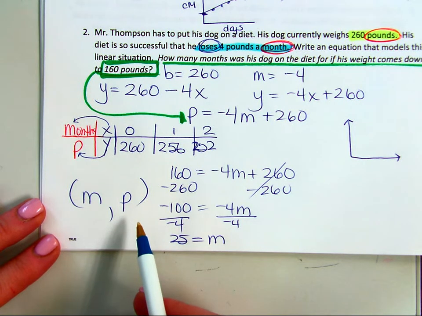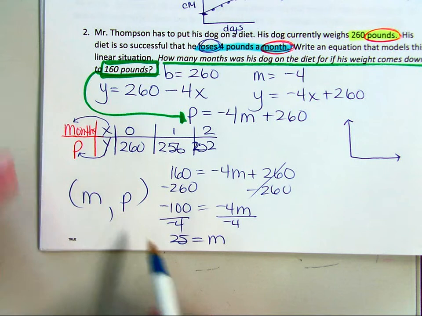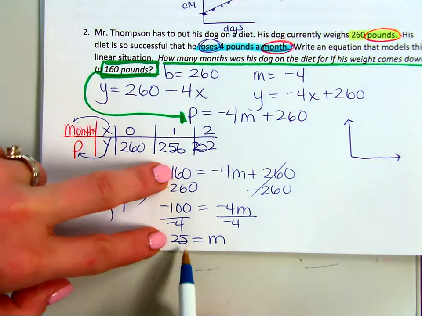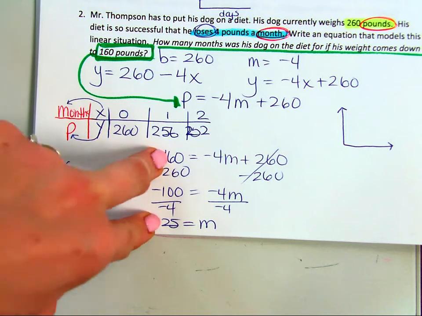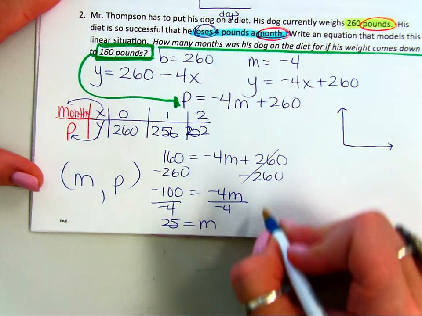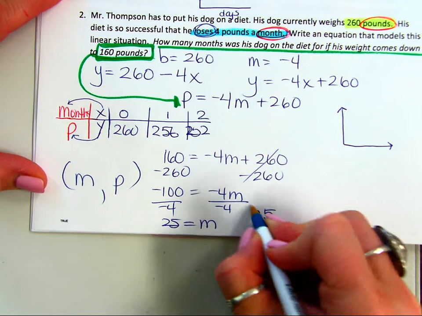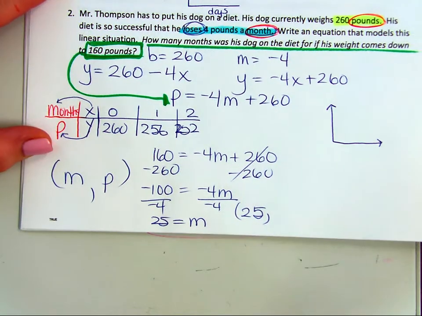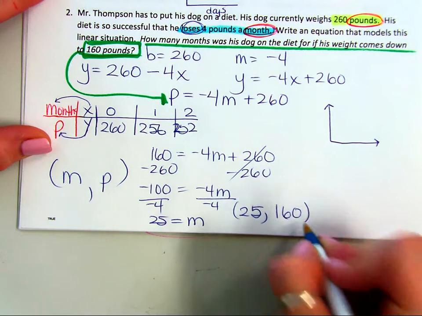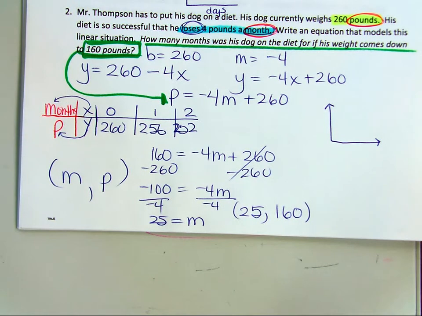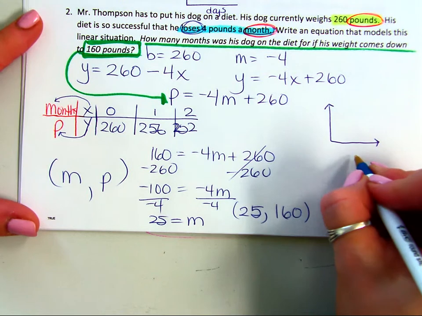So what do I do with these 2 points? Is it 160 comma 25 or 25 comma 160? So 25 months into the diet, over 2 years later, he gets down to 160 pounds.